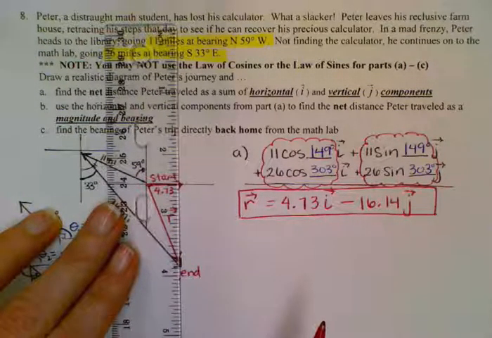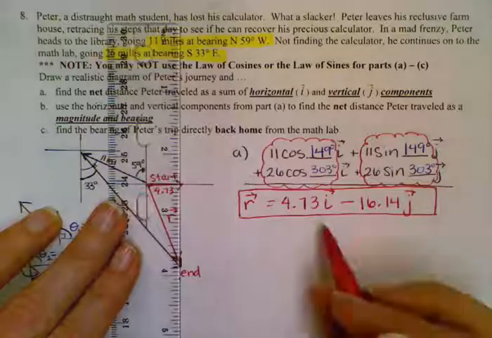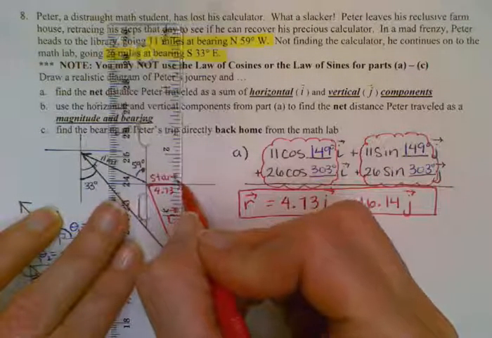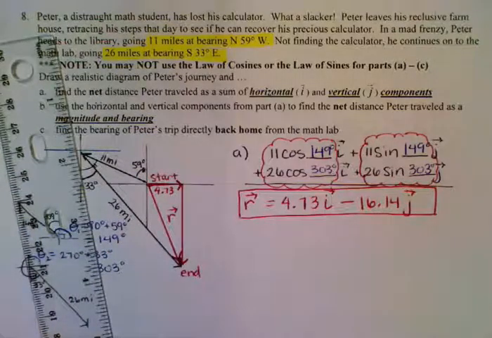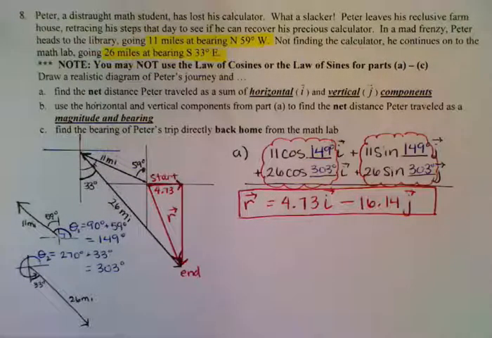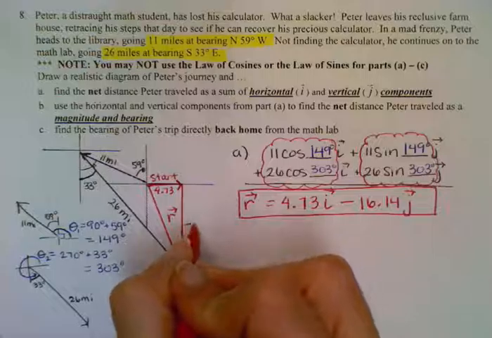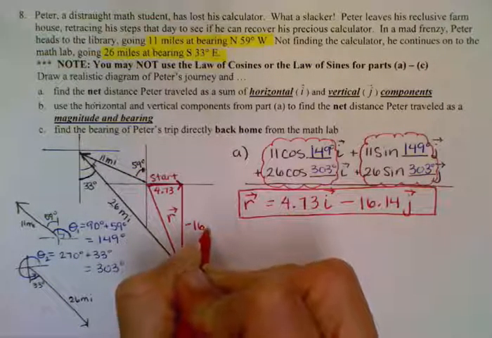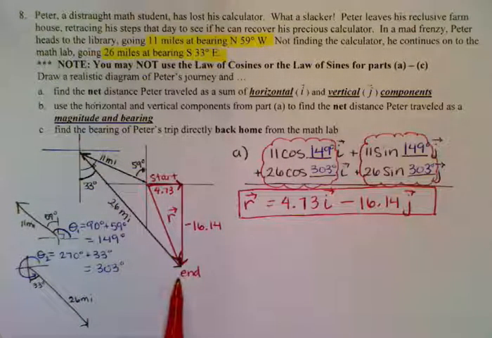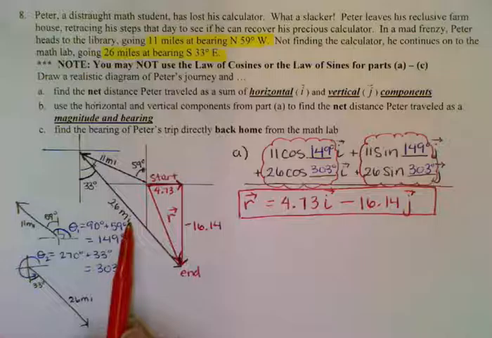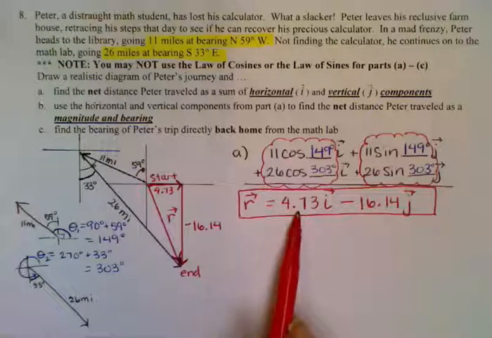So remember how I mentioned that once we do these horizontal and vertical components, one of the nice things is that they'll help us verify that our diagrams are correct. And in this case, it verified that the way that I drew this was in fact correct. Okay, so if I hadn't drawn my 26 miles long enough, I would have ended up over here in quadrant 3. And in quadrant 3, my A value should have also been negative.